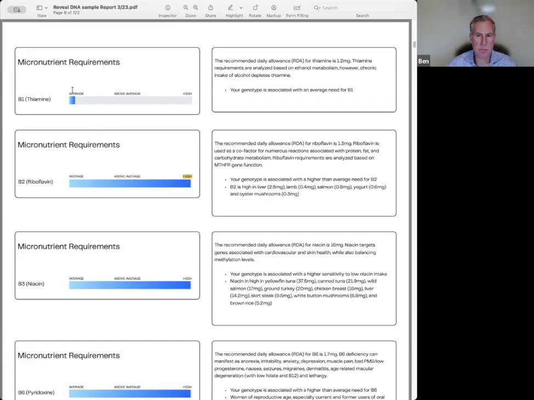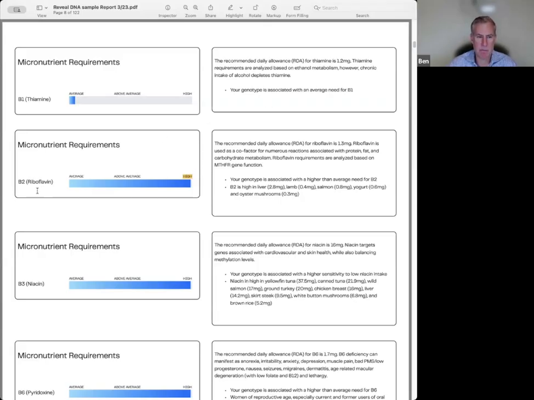And it basically is telling us we have an average need for a nutrient. And that is based on studies and how our body metabolizes and utilizes that specific nutrient. However, the inverse of that, the opposite, is a high need.